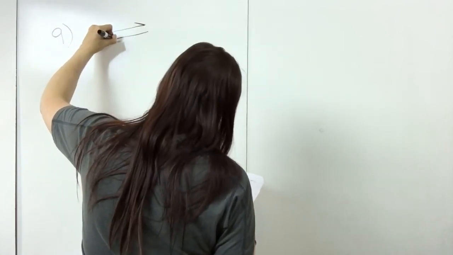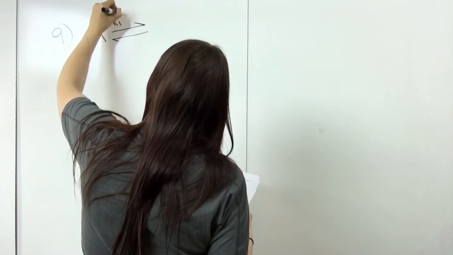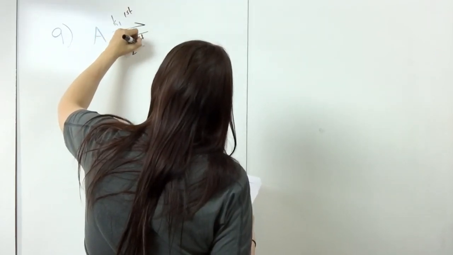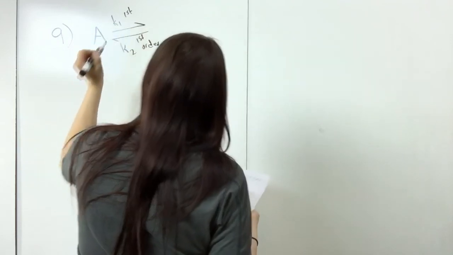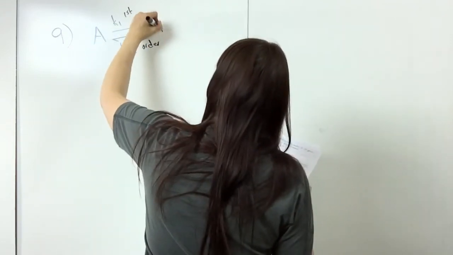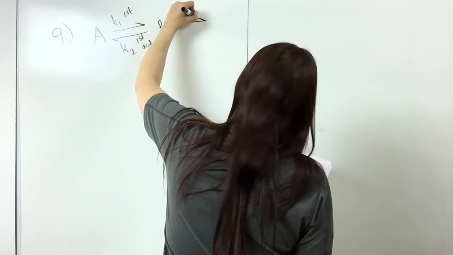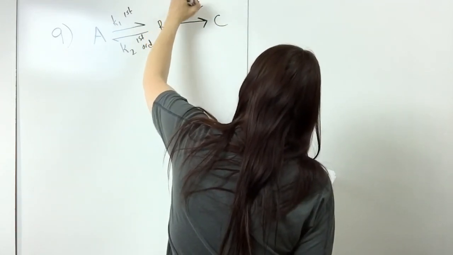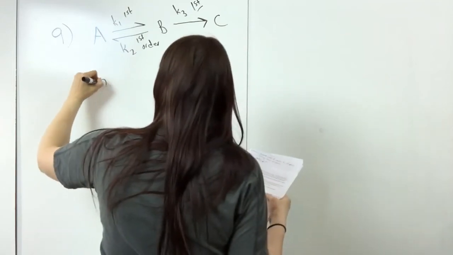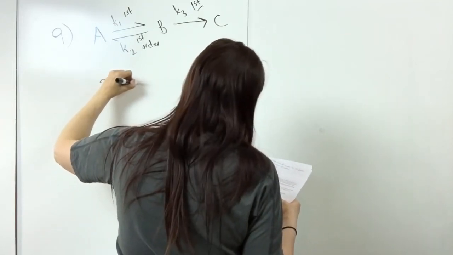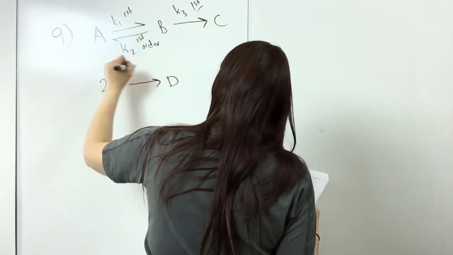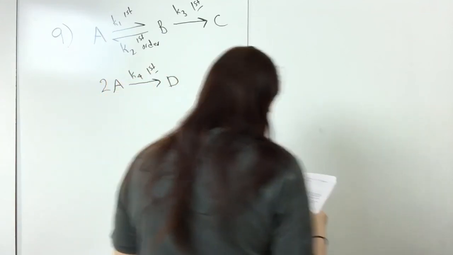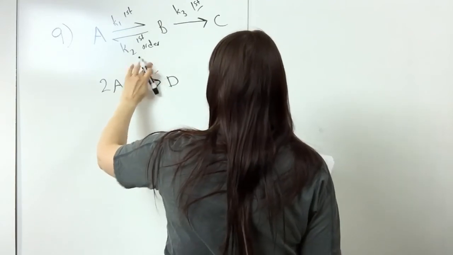You have A, and then this one is K1 first order, K2 first order, and this is B to C, this is K3 first order, and then you have 2A to D, and this is K4. Wait, sorry, this one's second order.